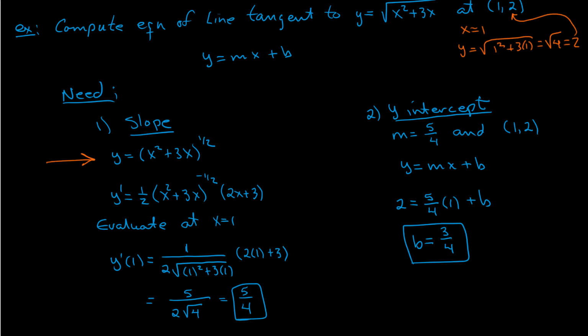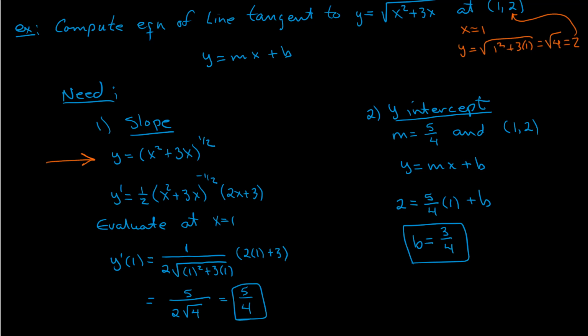I'm going to use the inside part, this x squared plus 3x, and just bring that down. And then I'm going to reduce the exponent by 1. A half minus 1 is a negative 1/2. So there we've done part of the chain rule.